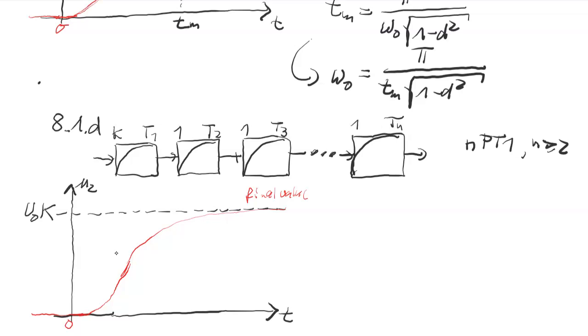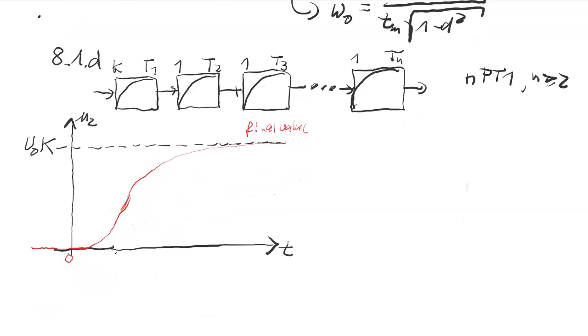So the way we want to go on is we want to measure not the single time constants, but we want to find a model which fits to our original process.